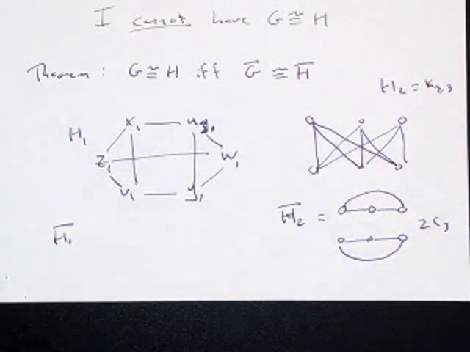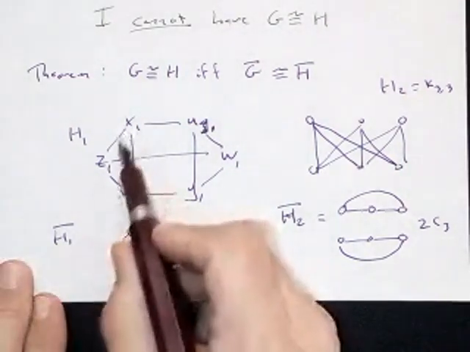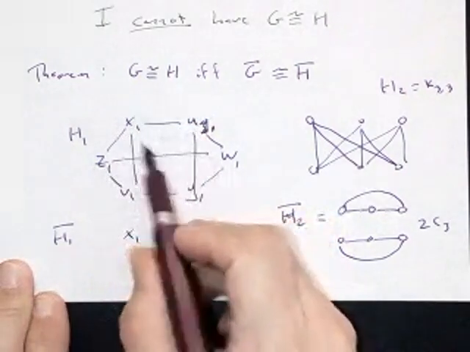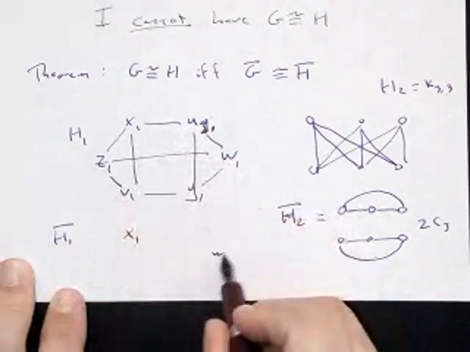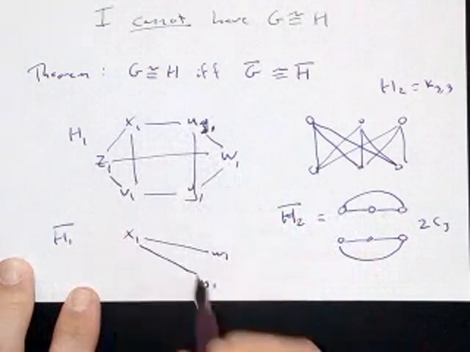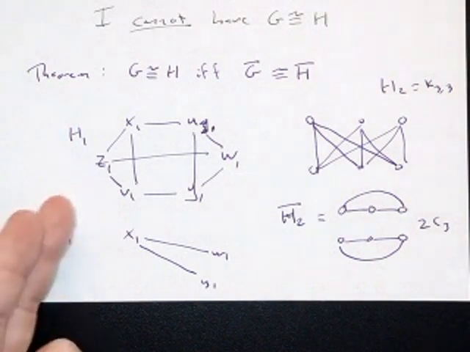Pick a place to start. If I start from X1, it is connected to V1 and U1, which means in the complement, W and Y. Those are the edges that are not. Pick another.